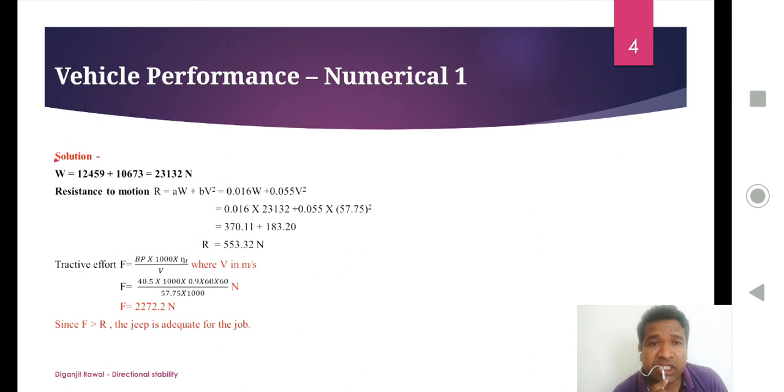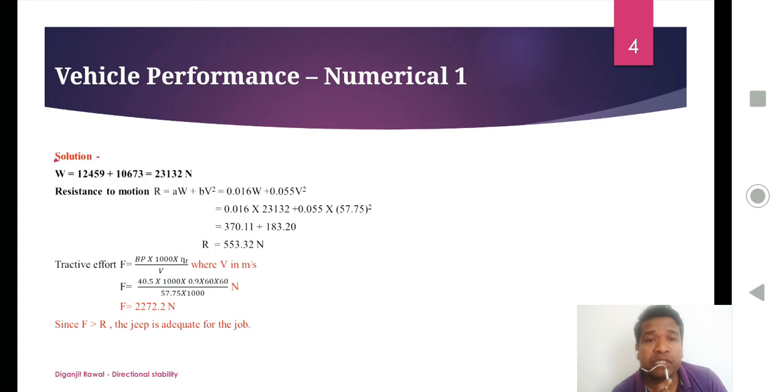So why this 60 into 60 divided by 1000? Because we have to convert V from kilometer per hour into meter per second. That's why we multiply by 60 into 60 divided by 1000.